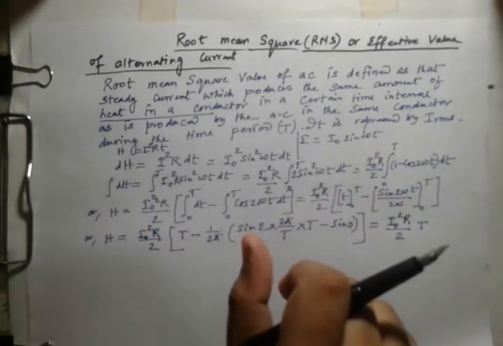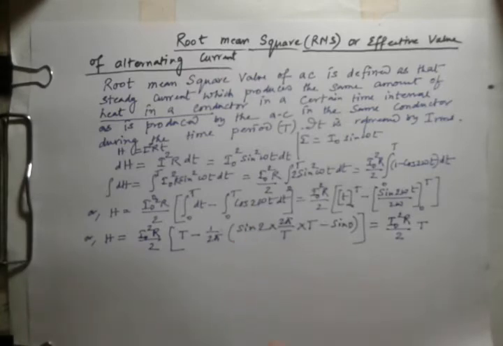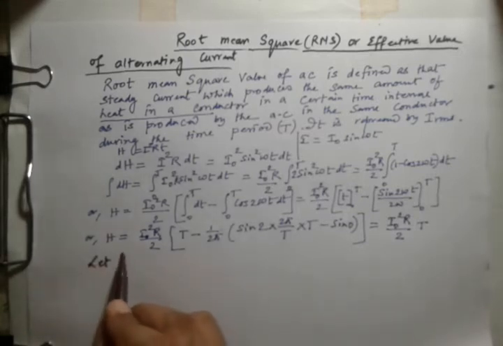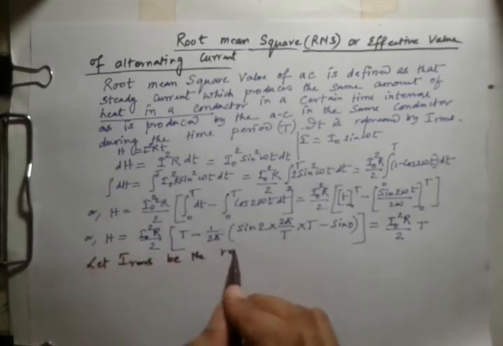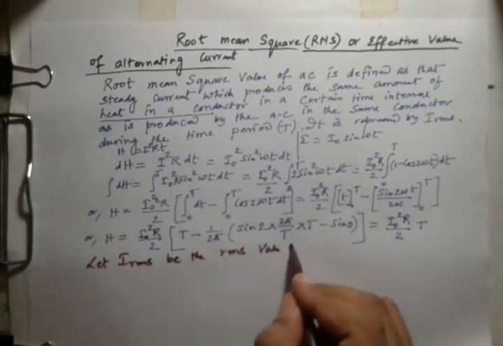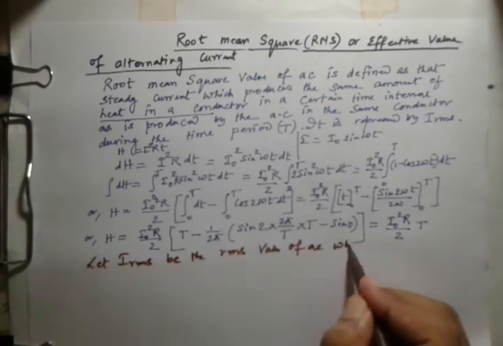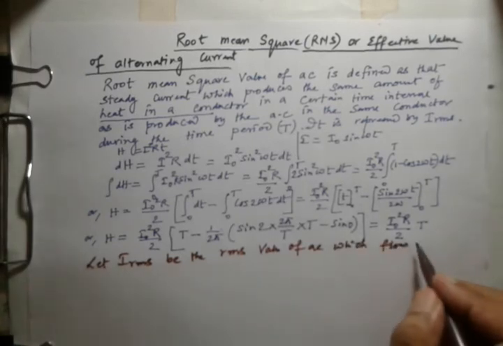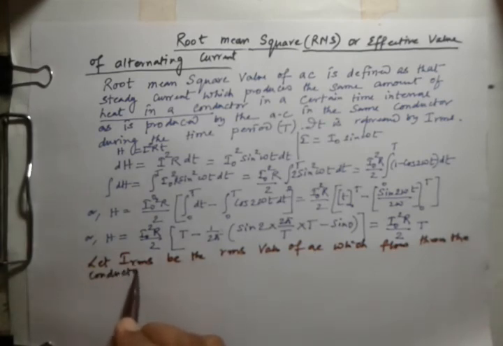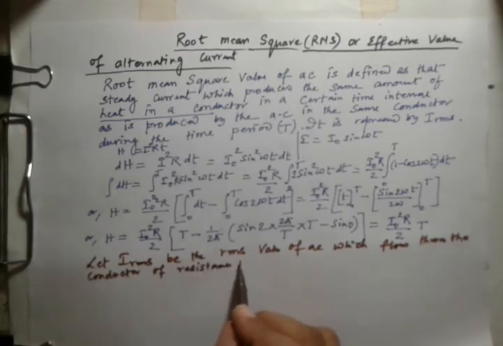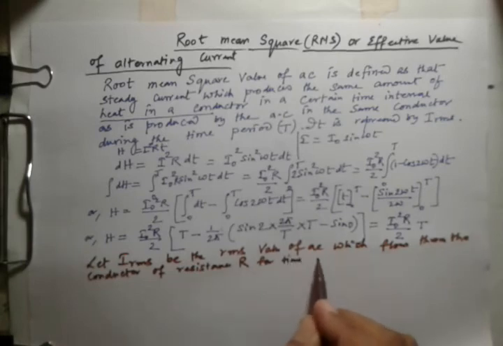Now let I RMS be the RMS value of AC which flows through the conductor of resistance R for time interval T. Now what we can write from here?